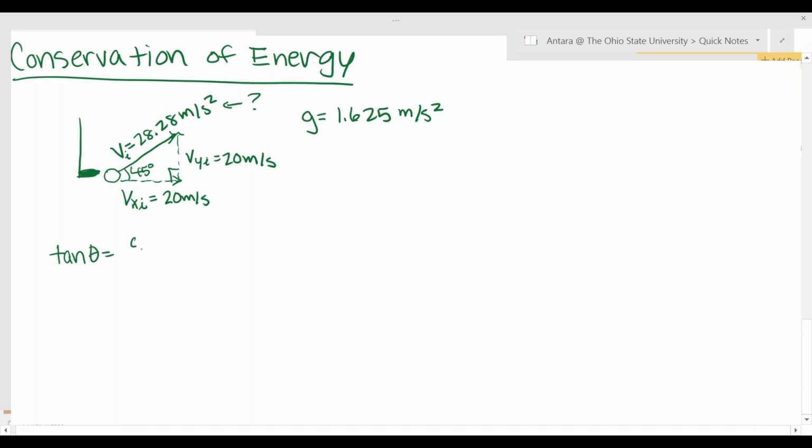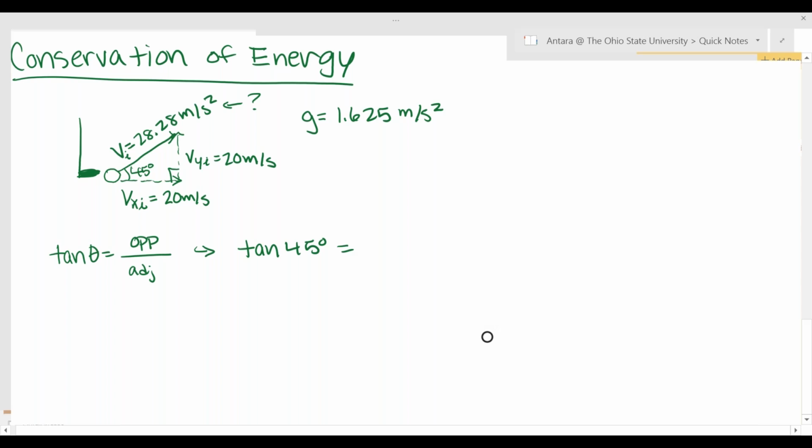So we know that tan theta equals the opposite over the adjacent. So in this case, tan of 45 degrees. And using trigonometry is actually very helpful in physics, especially when you get into more advanced questions, because usually there is trigonometry.